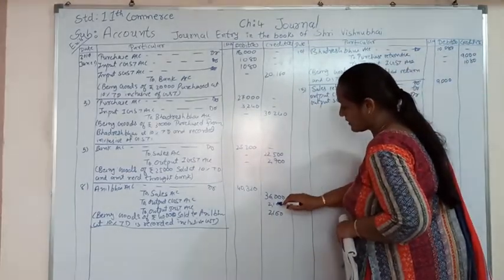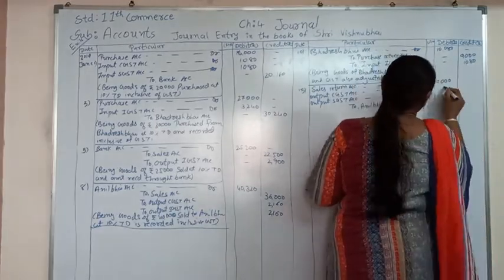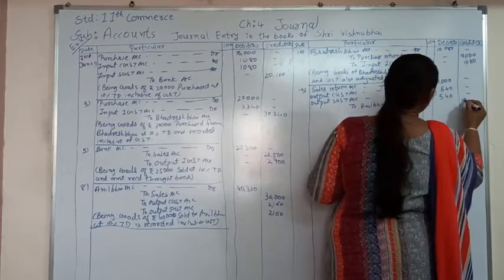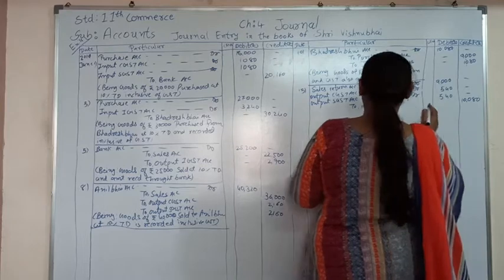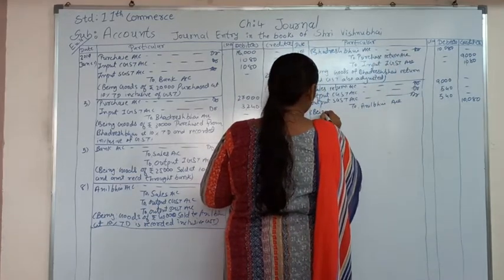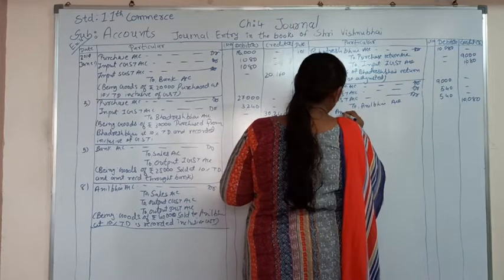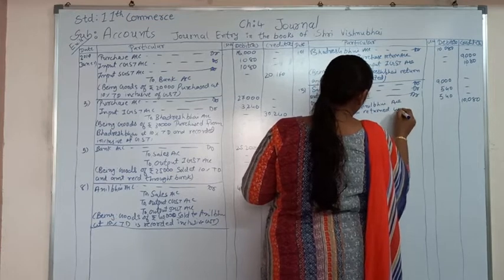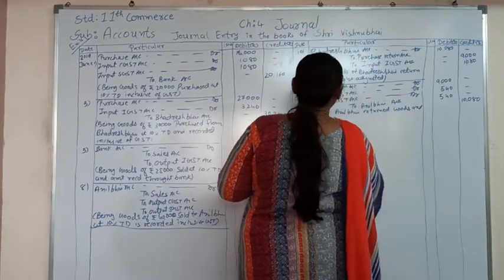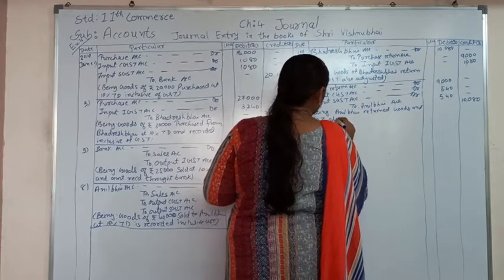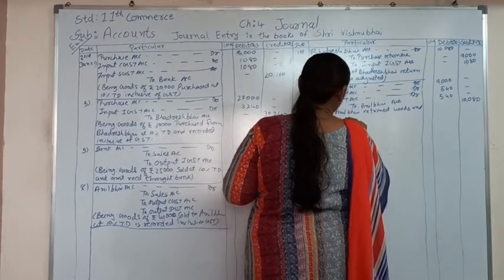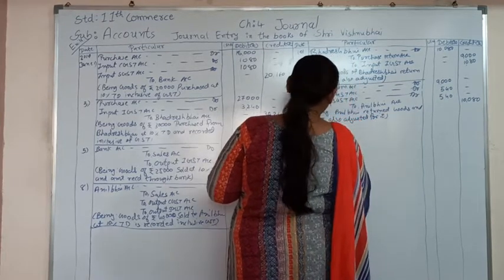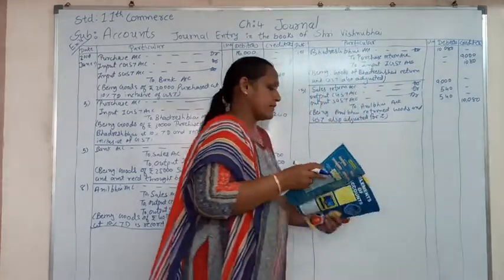So that is going to be 540 and 540. So the total of this will be 10,080, and being Anil Bhai returned goods and GST also adjusted for it. Okay, so this is the journal entry that we are going to pass.